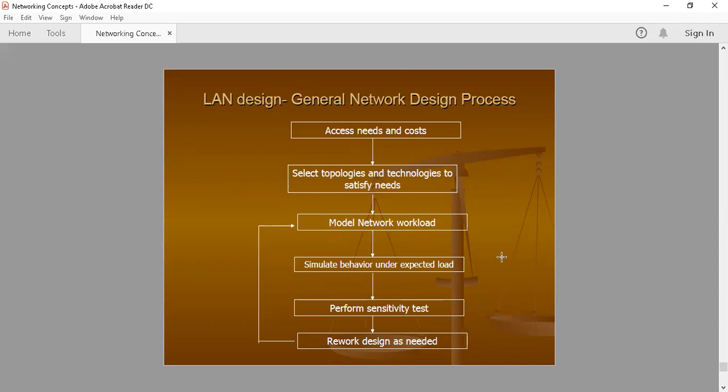How is a LAN designed in general? The general network design process: access needs and cost, then topology and technology to satisfy needs, model network workload, simulate behavior under expected loads, perform sensitivity tests, and rework the design as needed.